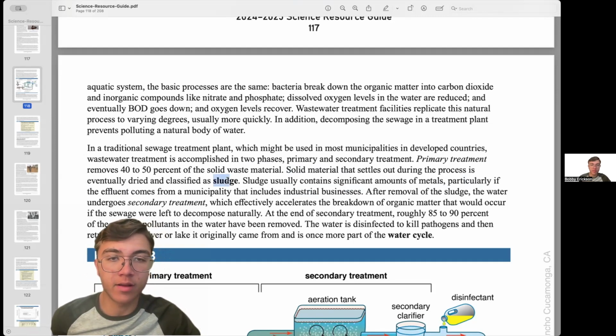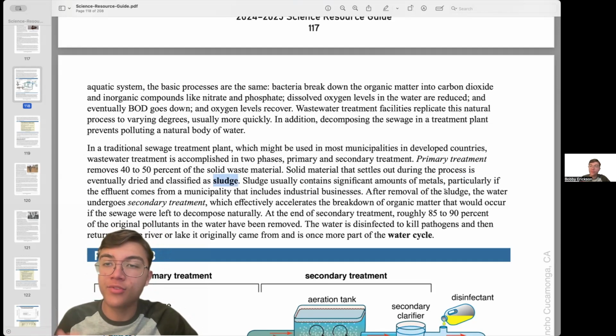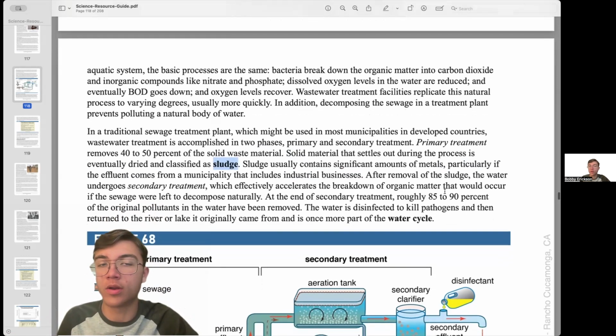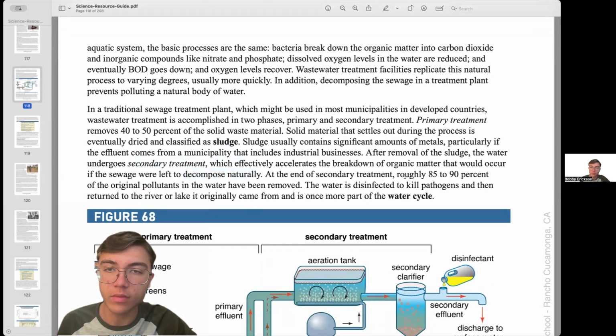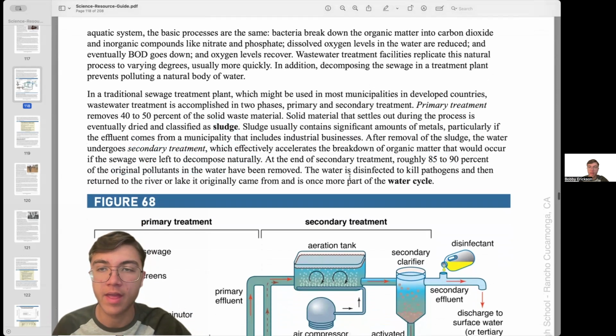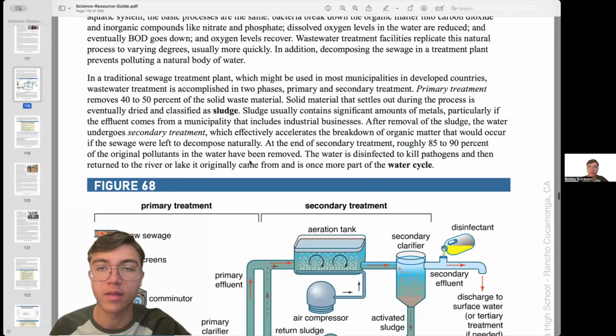Then, after you remove the sludge, the water undergoes secondary treatment, which breaks down the organic matter as if it were to decompose naturally. After this secondary treatment, 85 to 90% of the original pollutants have been removed. Then, the water is disinfected to kill pathogens and then returned to the river and lake to become part of the water cycle.